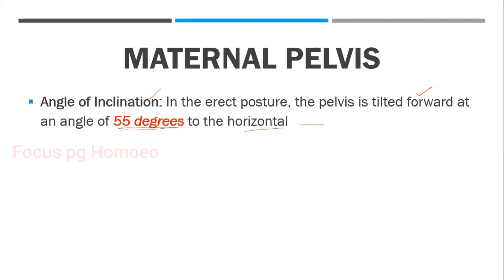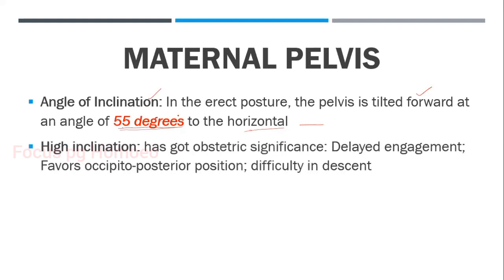And why is this important? It is important when a pelvis is assessed for high inclination or low inclination. A high angle of inclination has obstetric significance, because if the angle is more than 55 degrees, it will lead to delayed engagement of the head, and the most favorable position for a high inclination pelvis is occipito-posterior position.